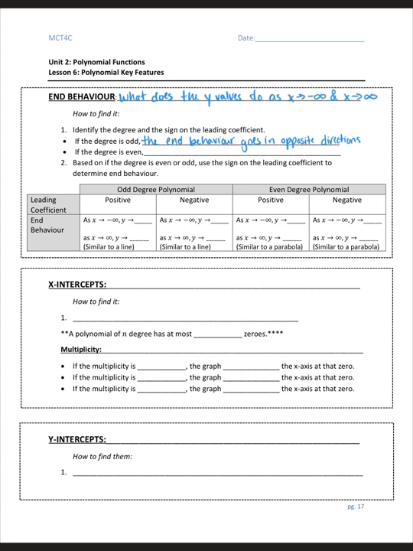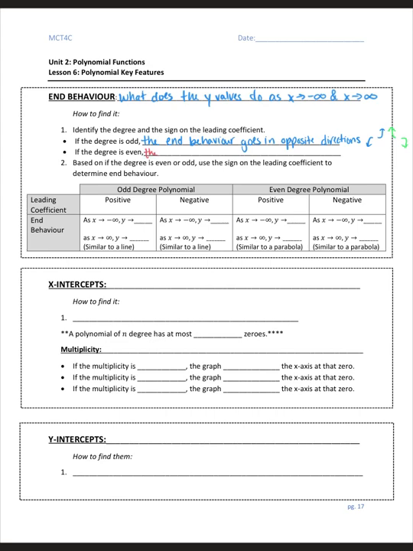So we saw this with our cubic function, that the end behavior could either go like this, or the end behaviors could go like this, right? Where it's down to the left, up to the right, or up to the left and down to the right, either one.